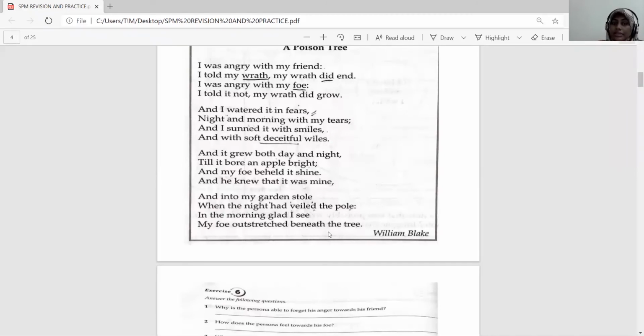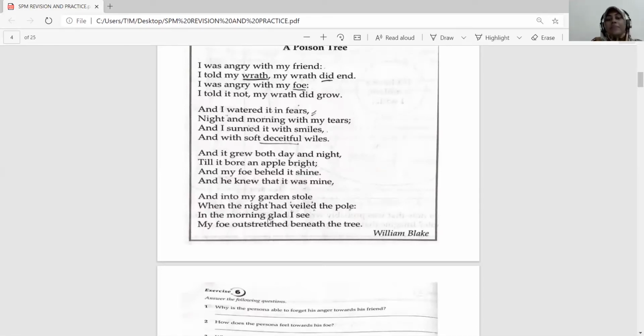He entered the garden in the night, when everyone is asleep, it's very dark, because it's mentioned when the night had veiled the pole, right? In the morning glad I see. He was very happy. He didn't even regret at all because he was happy that everything happened as he had planned. Right? The foe, the enemy outstretched. Matilah, mati bawah pokok tu.